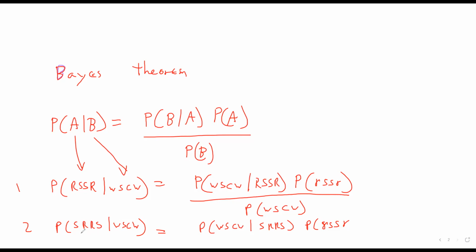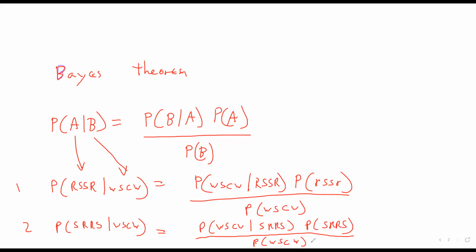So here it is SRRS. So this would be SRRS divided by the probability of walk, shop, clean, walk, correct?